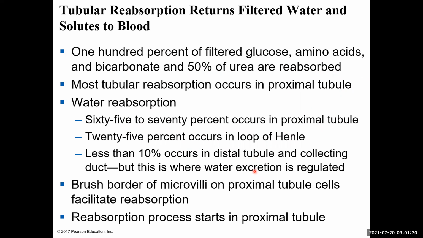But the distal tubule and collecting duct is really important in water excretion regulation because these structures determine whether or not the urine is concentrated or diluted. And we'll talk exactly how that happens here in a little bit. And then we also show how there's microvilli in the proximal tubule cells to help with that reabsorption process.